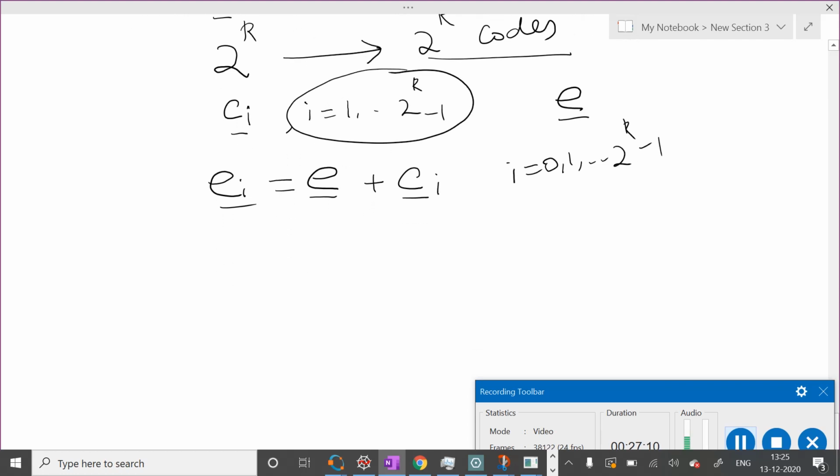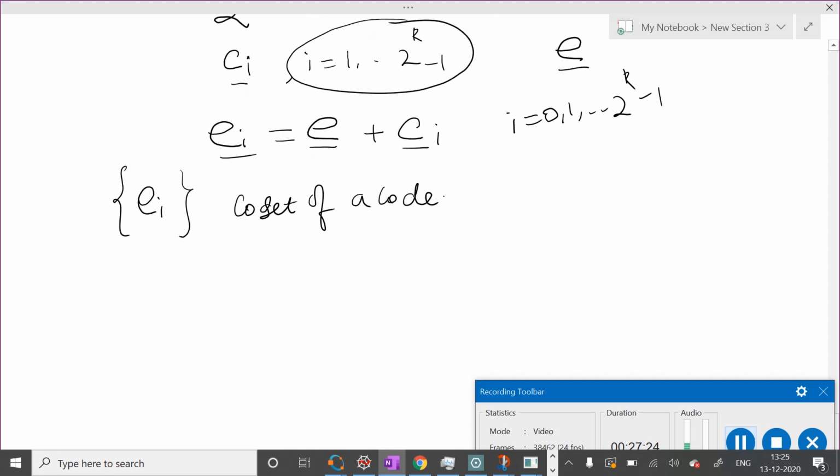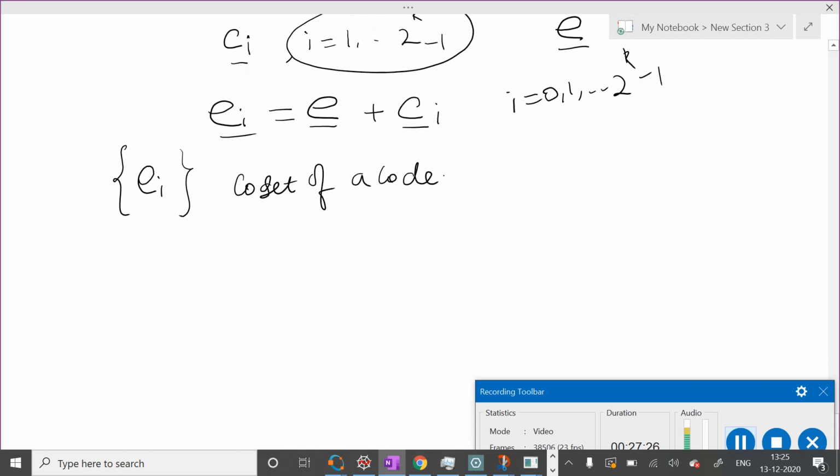Now you have a set of vectors Ei, and this is called a coset of a code. So a coset has exactly 2 to the power k elements, and the error patterns differ at most by a code word, because Ei is equal to E plus C.